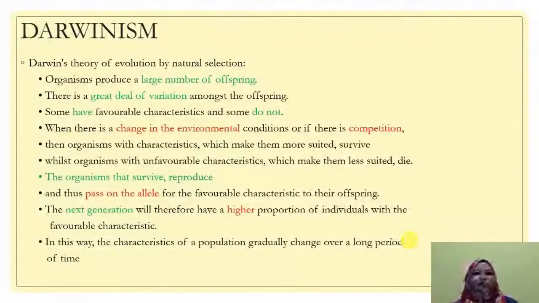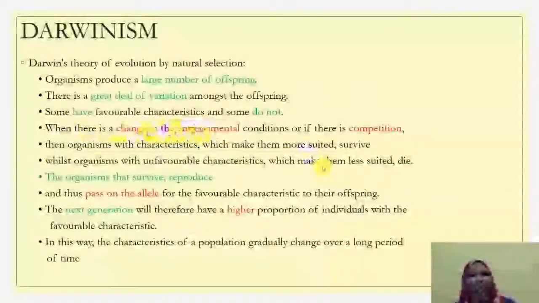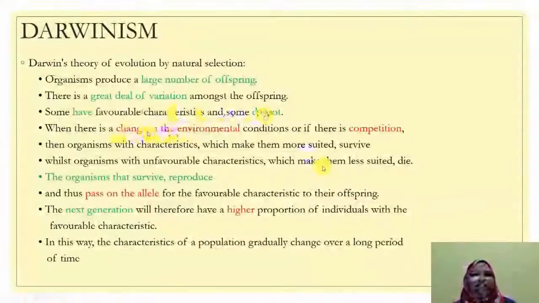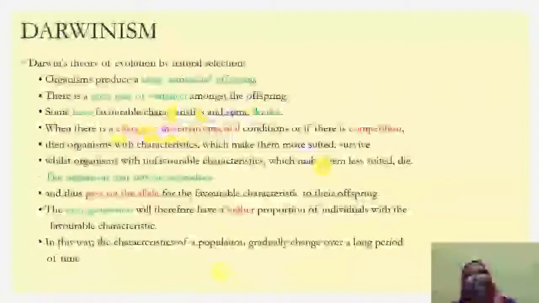So if they give you an example in the exams, all you need to do is to plug in what the change is here in the environment, right? And also what the favorable characteristic is and what the other characteristic is. And then you will just write everything exactly the same way.